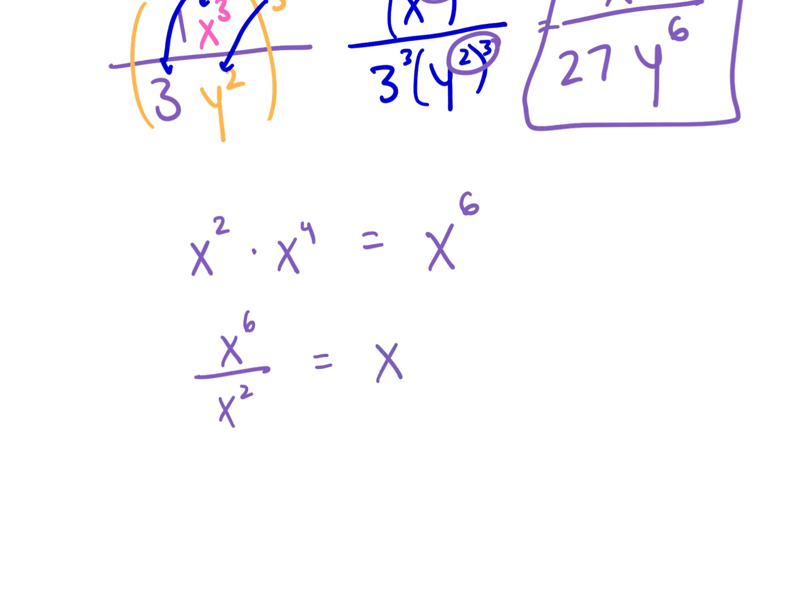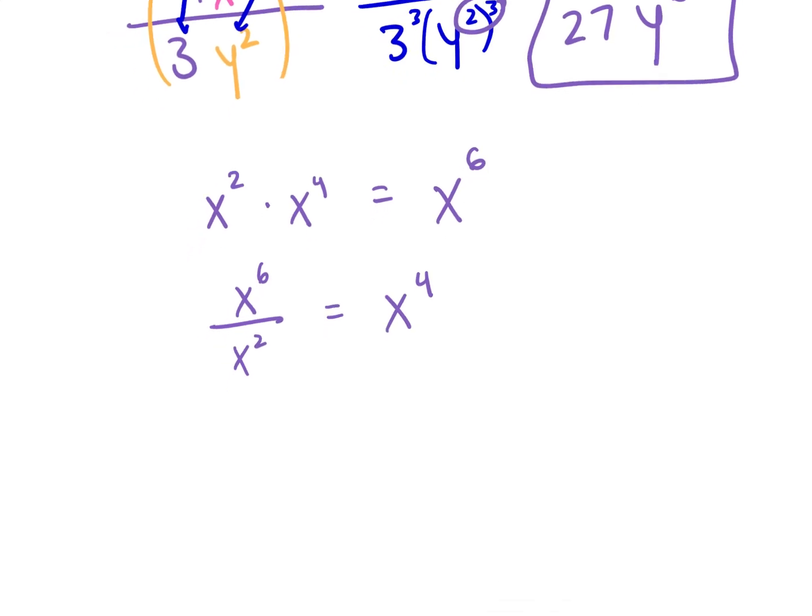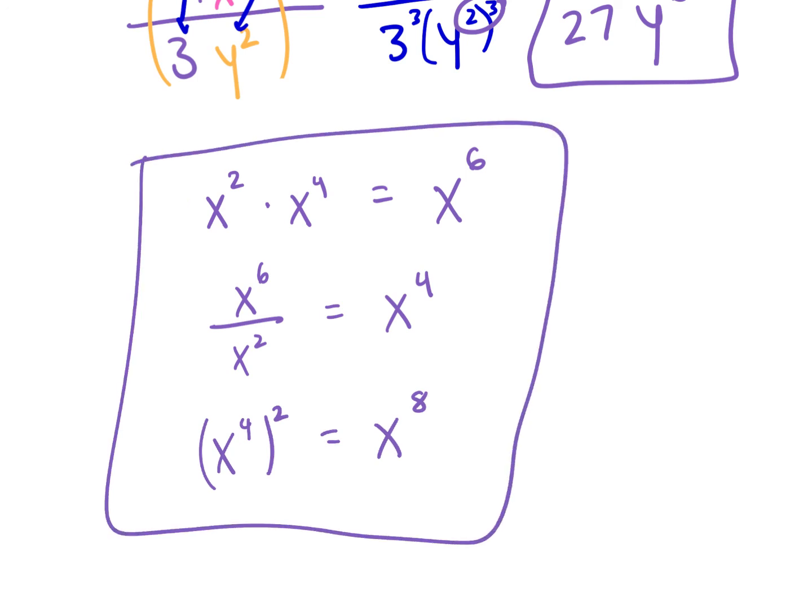Subtract. So this would be x to the 4th power. Remember, it's top minus bottom. And then if I had, let's say, x to the 4th power to the second power, what do I do to my exponents? Multiply, so x to the 8th power. So these are your 3 properties of exponents, so make sure you know them.